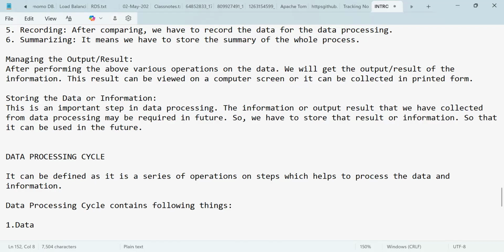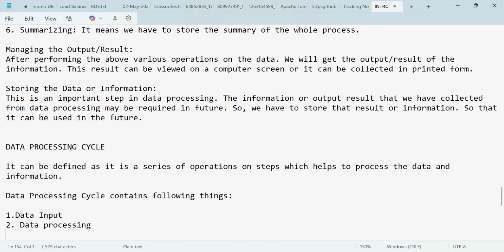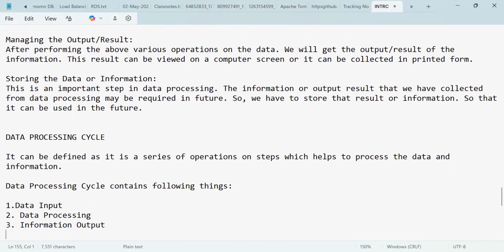Okay, data input, and the second point is data processing. The third point is information output.